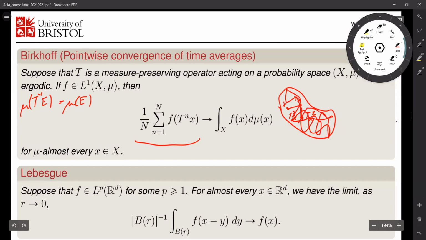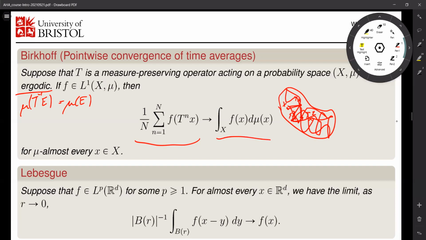And as your averages get longer, you're sampling more and more points from your space, assuming that you're ergodic, meaning basically that you're not trapped in some subspace. And as you sample more and more of the space, you're actually coming to the expectation of that function over the space. Okay, and that's the spatial average on the right.